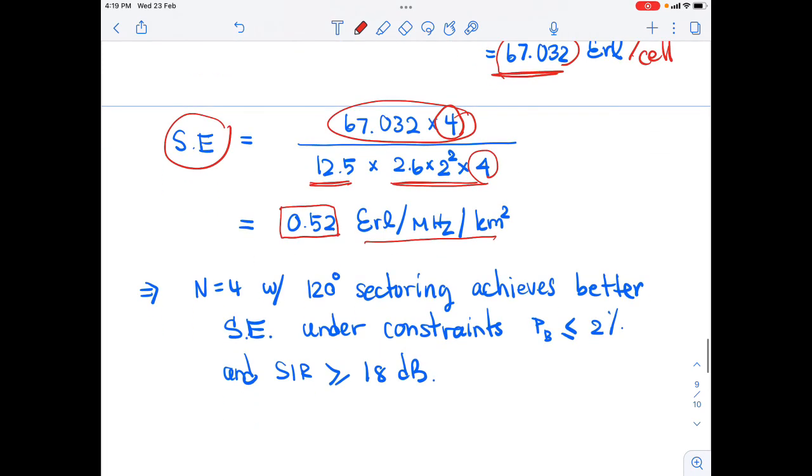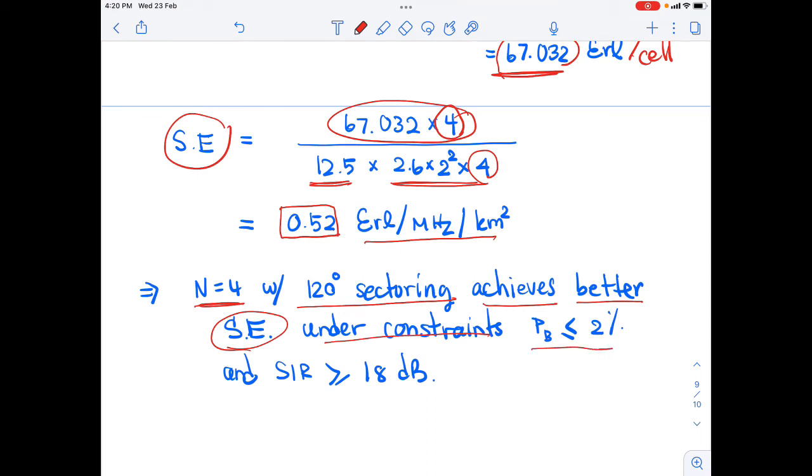So we can conclude that with this cell planning configuration, with frequency reuse of 4 and 120-degree sectoring, where each cell is sectored into 3 sectors, we achieve better spectral efficiency under this requirement or constraint.